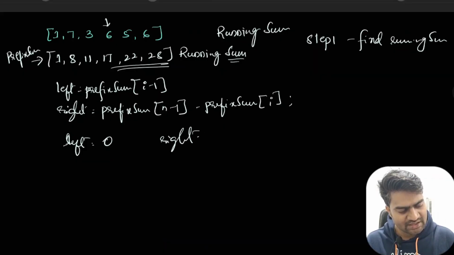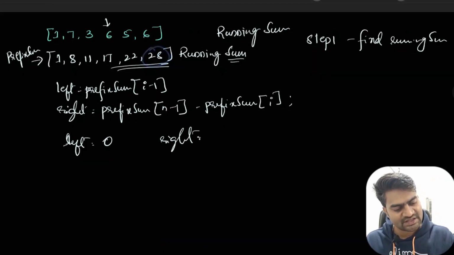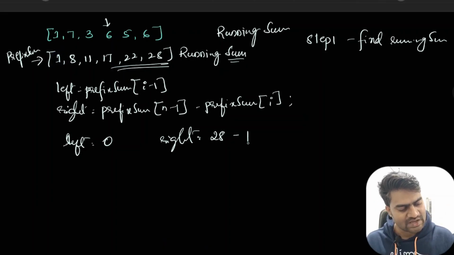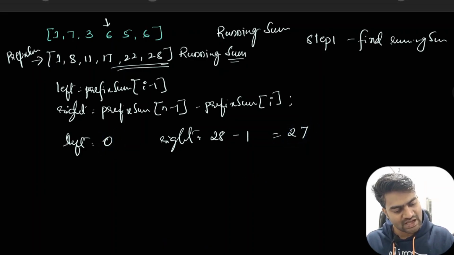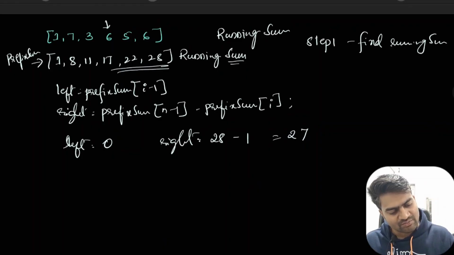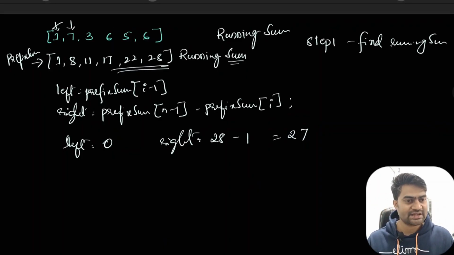Then my right will be 28 minus this value, which is 1, so it is 27. So 0 and 27 are not the same. Now I move to the next number, since I finished the first number.